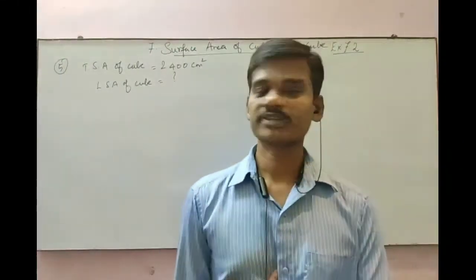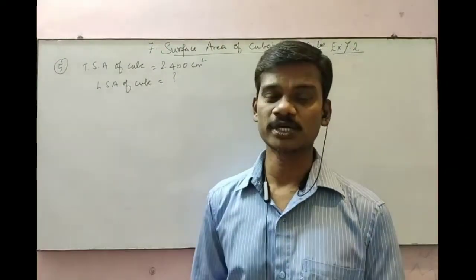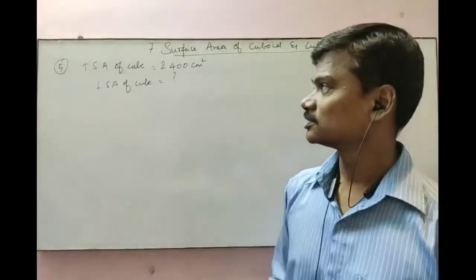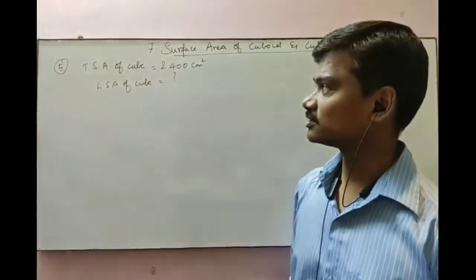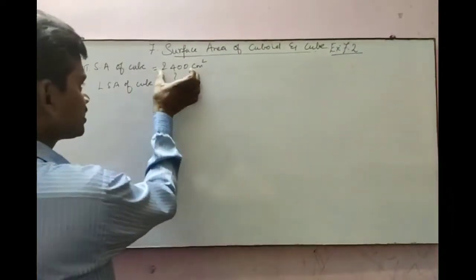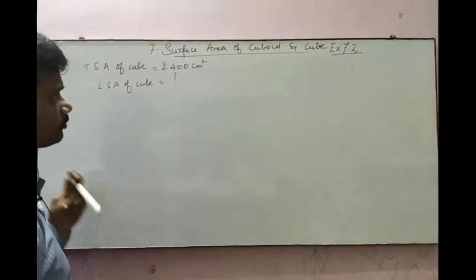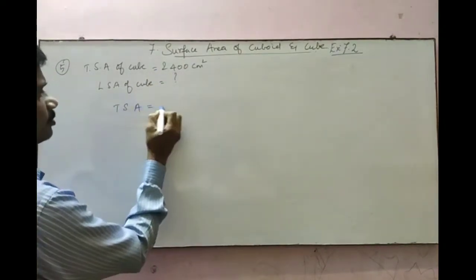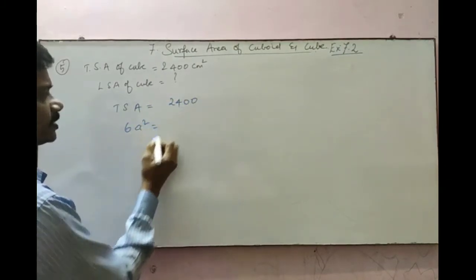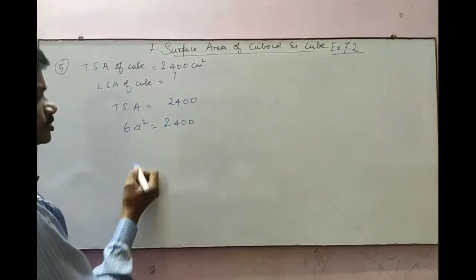Next, in the fifth sum, if the total surface area of cube is equal to 2400 centimeter square, then find the lateral surface area. Here TSA is given, but the edge is not given. Using this TSA, first I am going to find A. The formula for the TSA is 6A square equal to 2400.